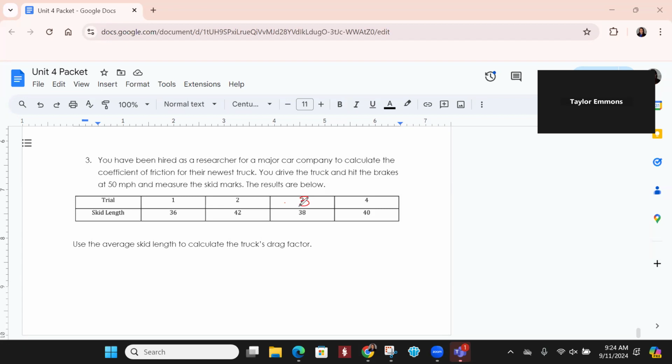Okay, first of all, how do we figure out the average skid length? How do you find the average? Right, so we're going to do 36 plus 42 plus 38 plus 40, and then divide by 4.